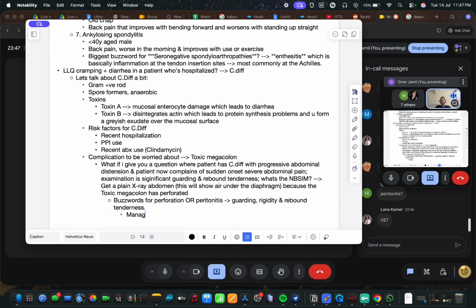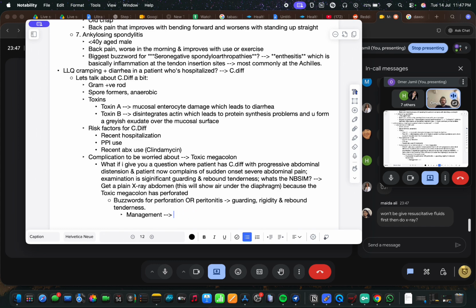So the management is something like get an X-ray. Obviously, whenever perforation is going to be happening, you're going to be giving the patient IV fluids and antibiotics. That's like a given, because whenever you see a patient, you always have to address A, B, C, D, E: airway, breathing, circulation, disability, everything else. I'm talking about what you do after resuscitation, because if you don't resuscitate the patient, they're going to die in the X-ray room.